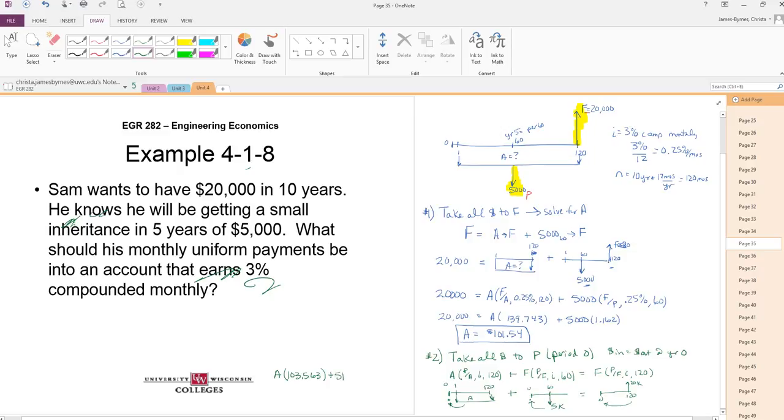Plus 5,000 times P given F I 60, 0.8609, equals 20,000 times 0.7411. Another algebra. Do my math. I get 101.56. Same answer.